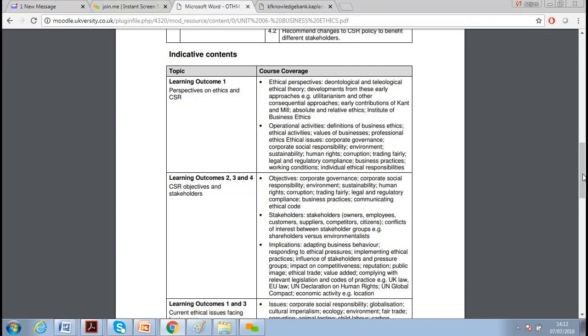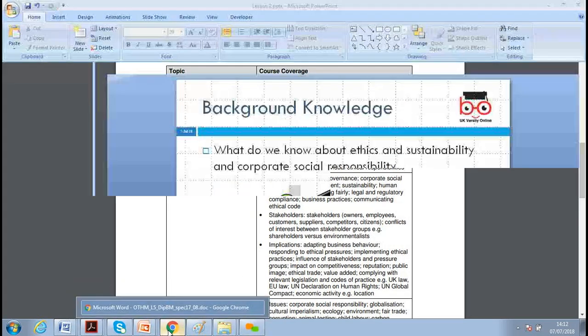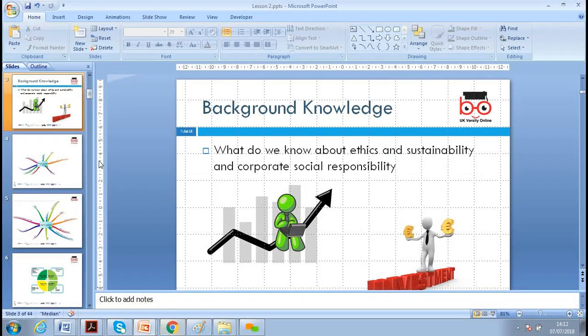Those we can include are human rights, looking at the rights of individuals, like rights of the businesses, and different people's rights under human rights. We'll go through the UNO Global Compact, economic activities and locations. So all our discussion will be focused on these points. If you have questions, please do not hesitate to contact me or just ask me.